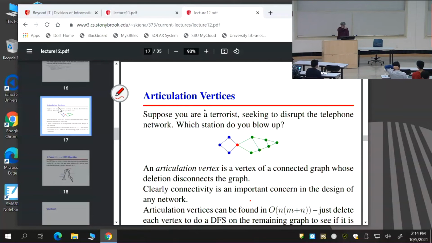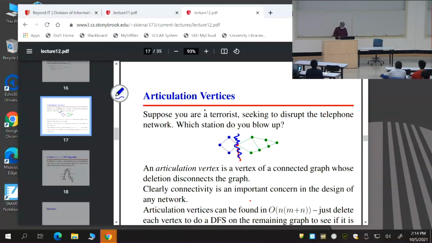Okay. This is a test to see how good terrorists you make. Who here has an idea what they would want to blow up? The red one. What is important about blowing up the red one? What is the property of what happens when you blow up the red one?